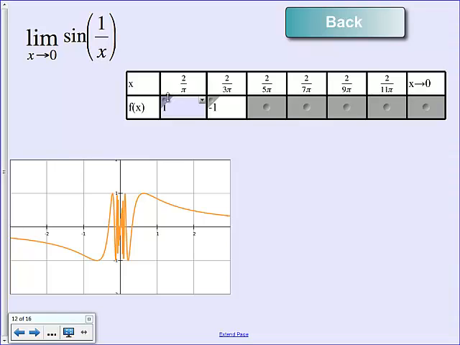At 2 over 3 pi, it is negative 1, and I'm getting closer and closer to 0 here. At 2 over 5 pi, it's 1. 2 over 7 pi, it's negative 1. 2 over 9 pi, it's 1. 2 over 11 pi, it's negative 1. So since it's bouncing back and forth, the limit does not exist.